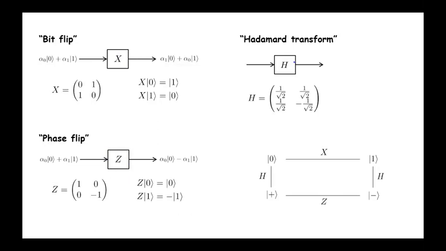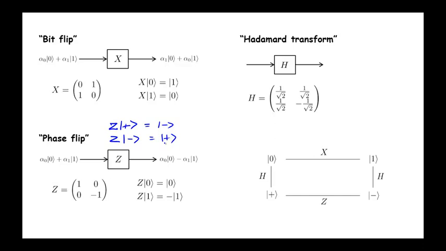So remember what the phase flip does. If you give Z as input the plus state, then it outputs minus, and if you give it as input minus, then it outputs plus. And if I can design some gate which transforms plus to minus and minus to plus, then it must be the phase gate.